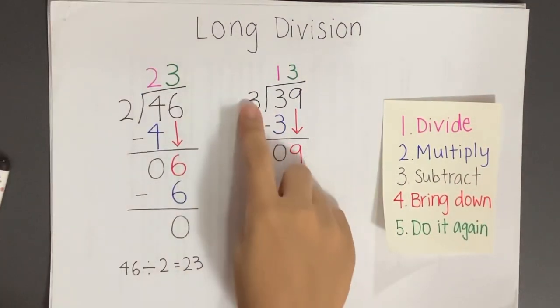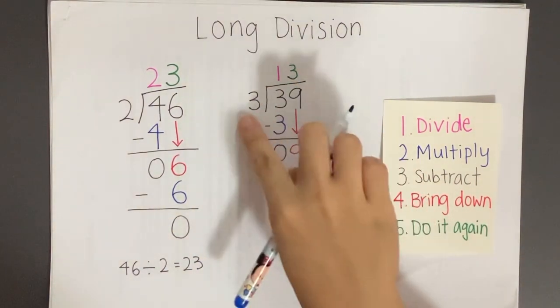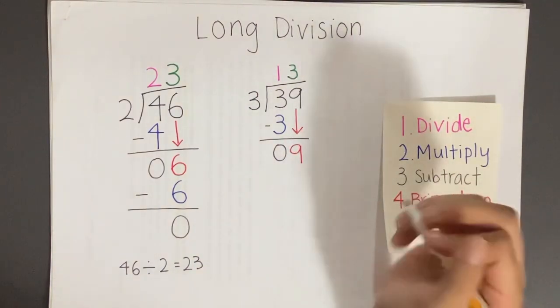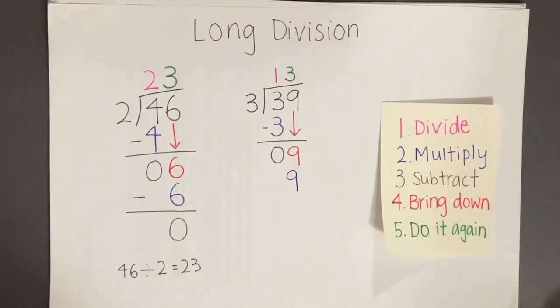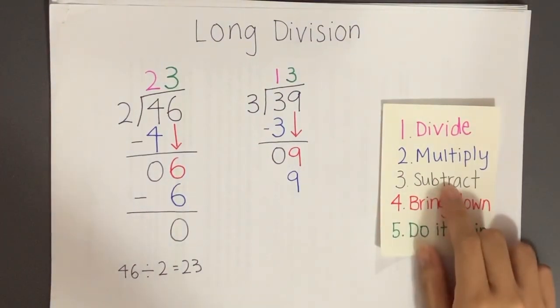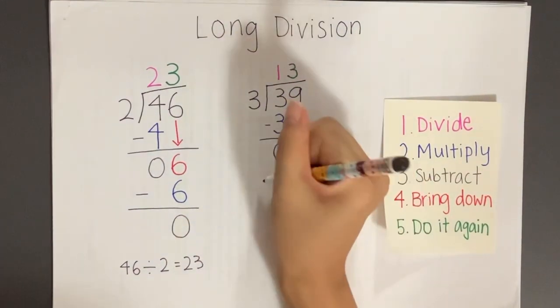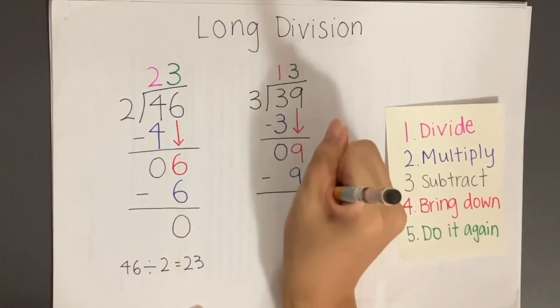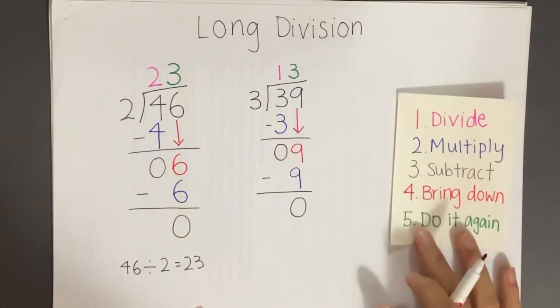I multiply the number 3 by 3. So 3 times 3 is 9. So I will write my 9 here. Next step, I need to subtract. So I take 9 minus 9 to give me 0.